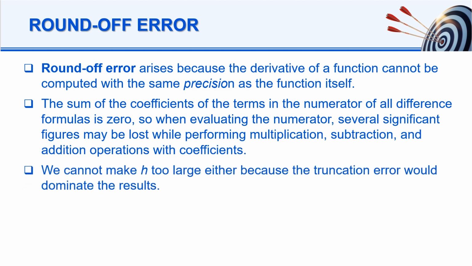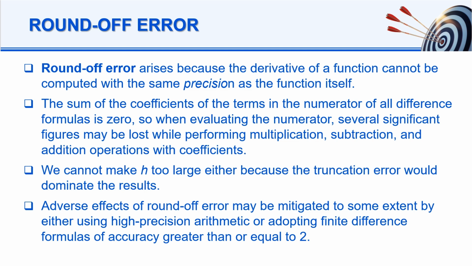We cannot make h too large either, because the truncation error would dominate the results. Adverse effects of round-off error may be mitigated to some extent by either using high-precision arithmetic or adopting finite difference formulas of accuracy greater than or equal to 2.